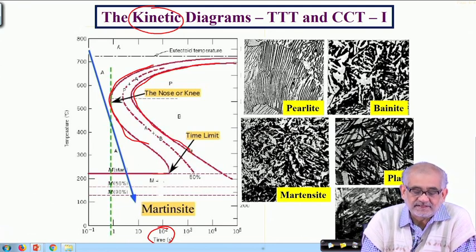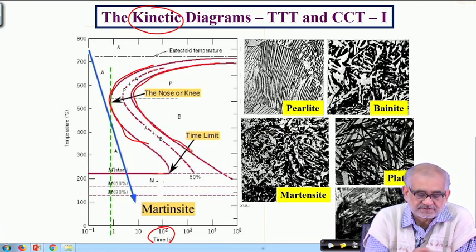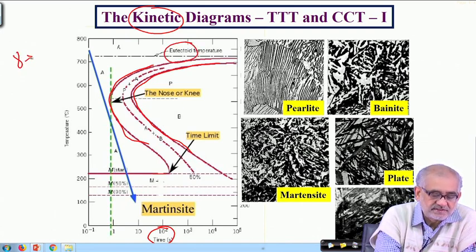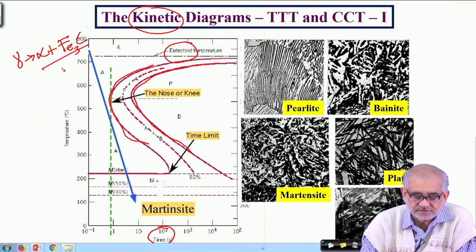This is the other end, which is the end of such a transformation. And the transformation that we are talking about is essentially the eutectoid transformation, which involves transformation of austenite, which is an FCC solid solution of interstitial carbon in gamma iron, into BCC ferrite and cementite. So this is the eutectoid transformation.